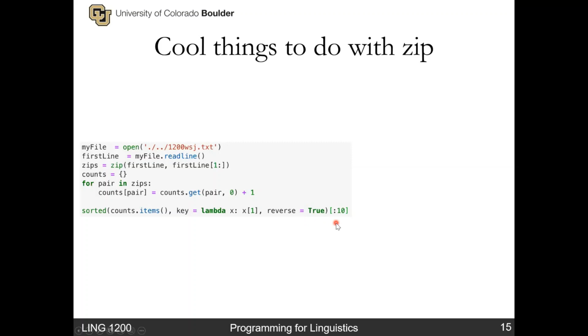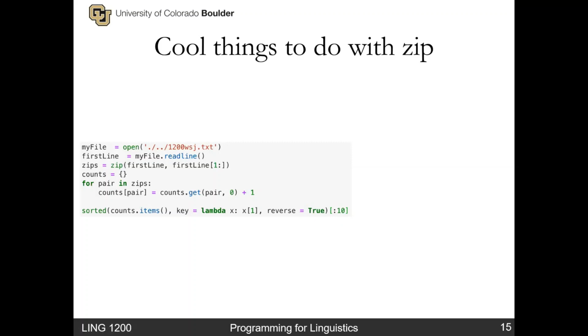And right, sorted is going to return a sorted list. And so we then can add onto that. Once it returns that sorted list, we can use this slice notation to get the first 10 elements. So what we're going to get is the 10 most frequent, or that is what we should get.